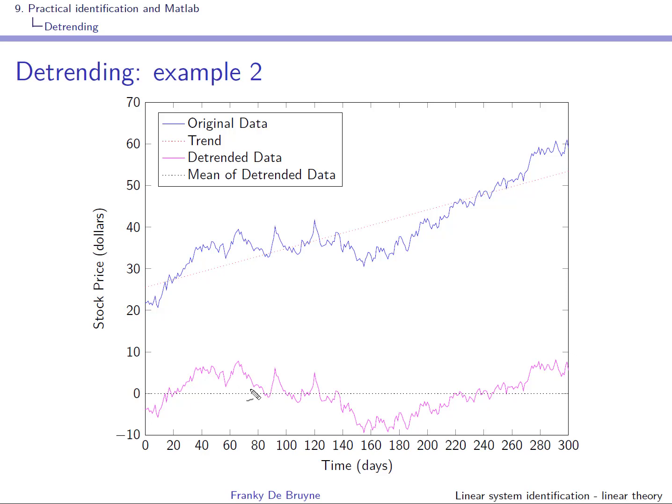If you're interested in the trend, well, you take the difference between what you have here in blue and what you have in pink, and this will yield the linear trend. So for modeling purposes you would use this one, and the output of the predictor would be the variation that you have around the linear trend. So to construct the overall prediction, you would have to take the output of your prediction model and add the linear trend.